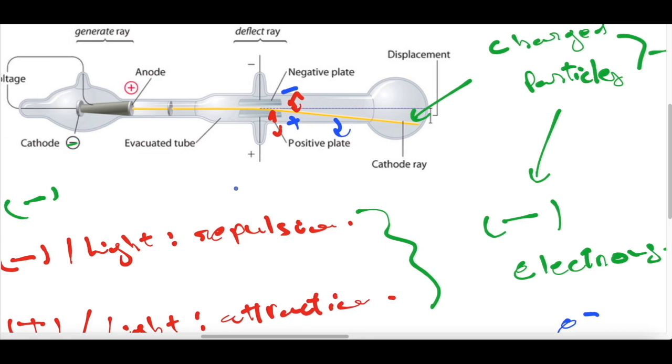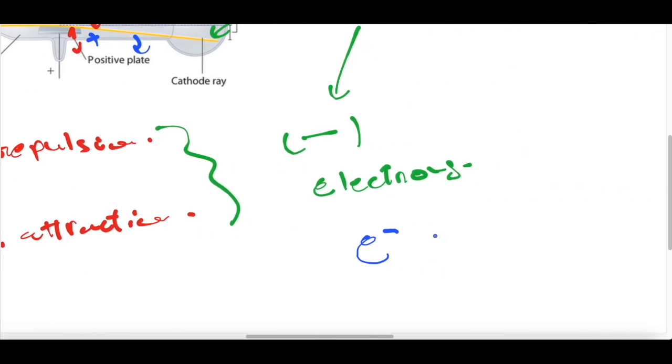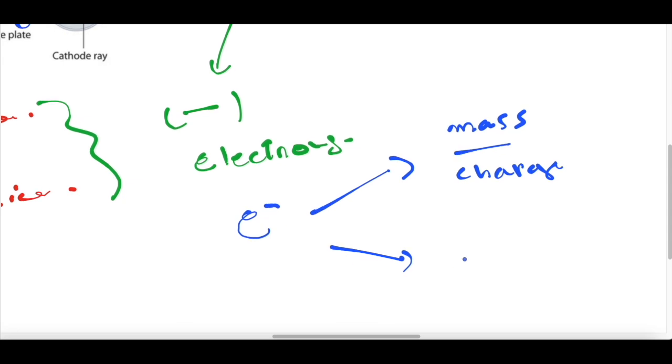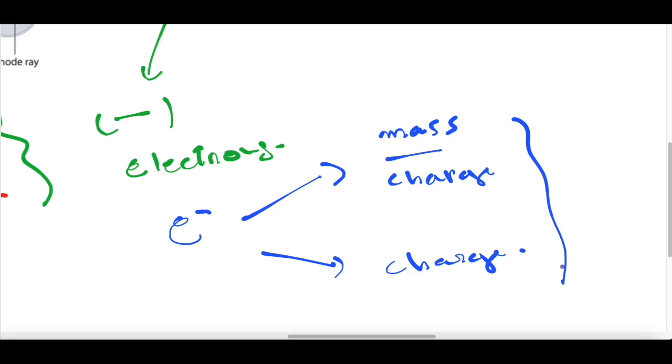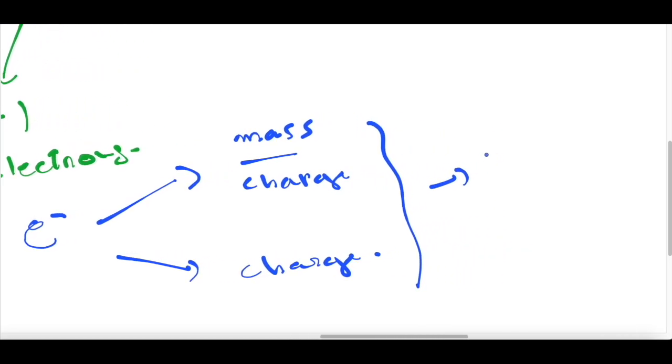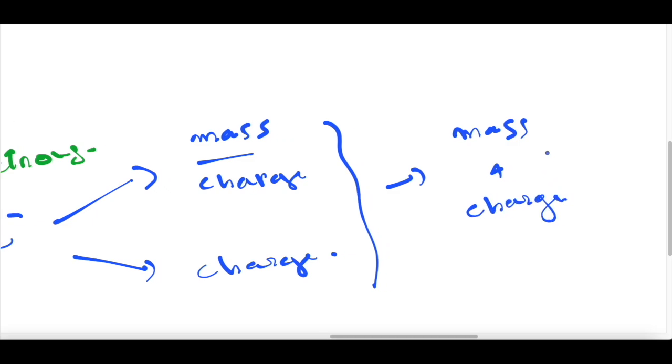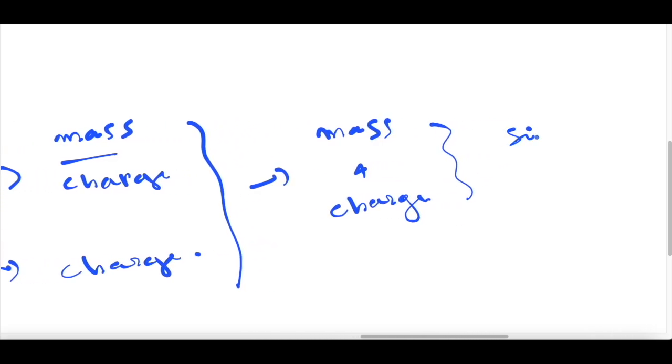After that, more experiments were conducted where we could determine the mass to charge ratio of an electron and the charge of this electron. So these were determined. After that, we could calculate with important precision the mass and the charge of a single electron.